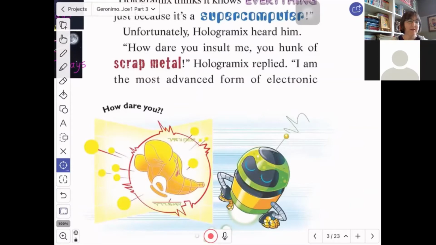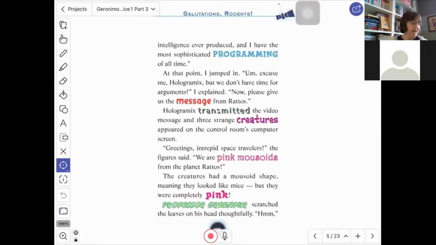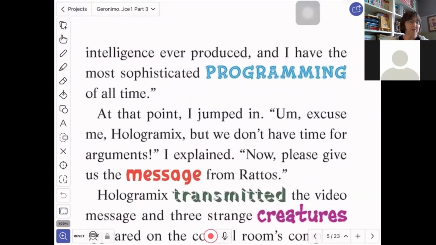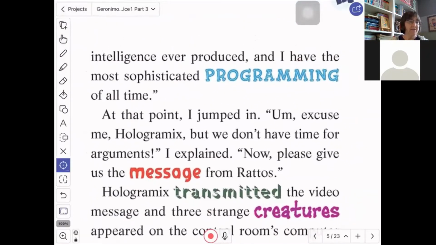And then Hologramics says, "I am the most advanced form of electronic intelligence ever produced, and I have the most sophisticated programming of all time." Sophisticated means really fancy. So he's saying, I'm the best computer that ever lived.